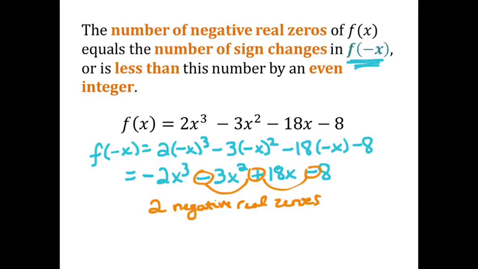Or the number of zeros could be less than this number by an even integer. Well, this time, if I subtract 2 from 2, I get 0. And so that's also a possibility. That means that I could have 2 negative real zeros, or I could have no negative real zeros.